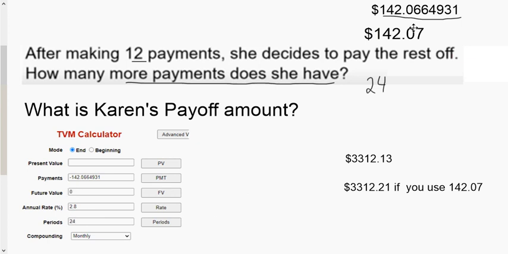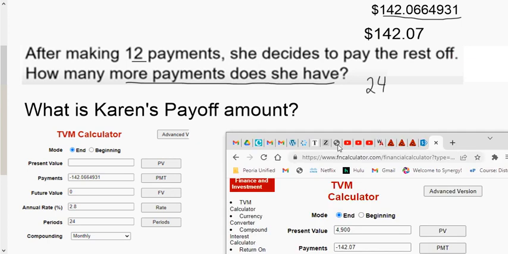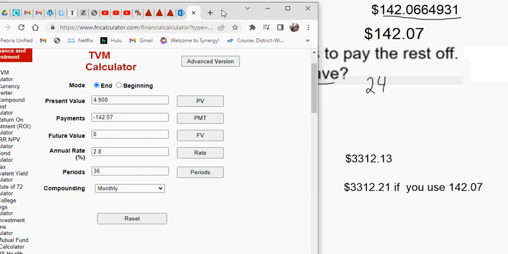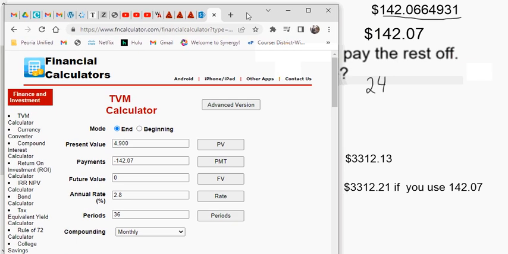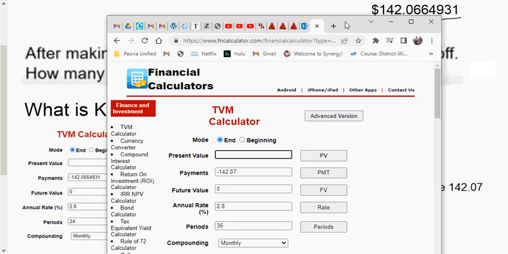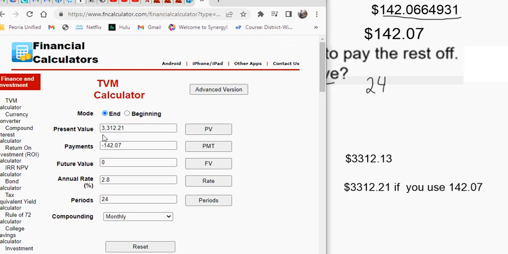Now, if you use this 142.07, which is a little less accurate but still very good, I should have the tolerance set so that your homework should accept it. The tolerance is set so that it's within plus or minus 1%, I think. So if you use this 142.07 and put in 24 months worth of payments like that, then that's how we end up getting $3,312.21.